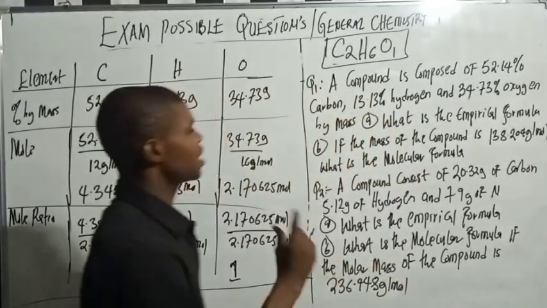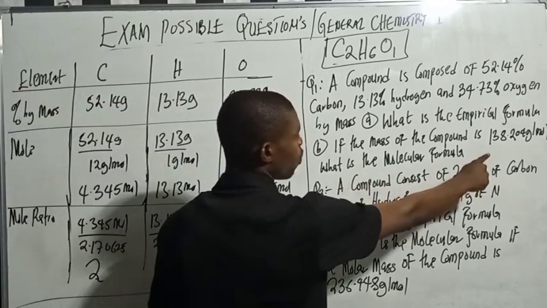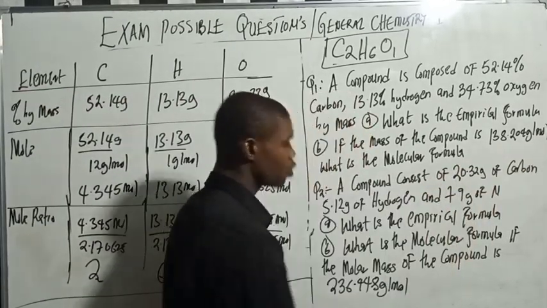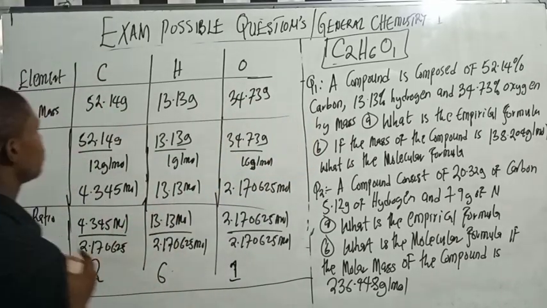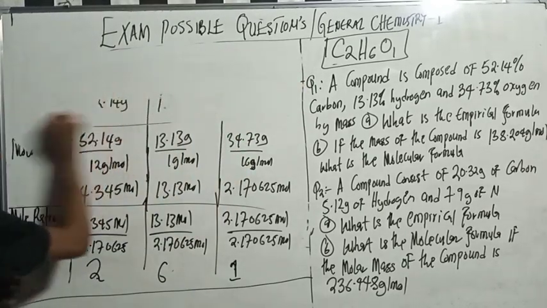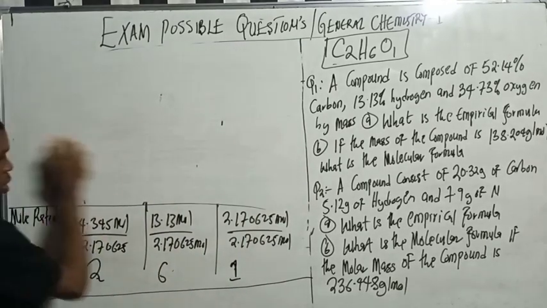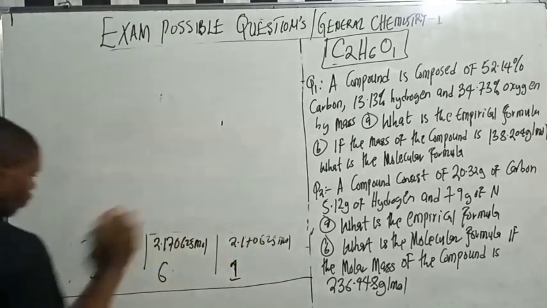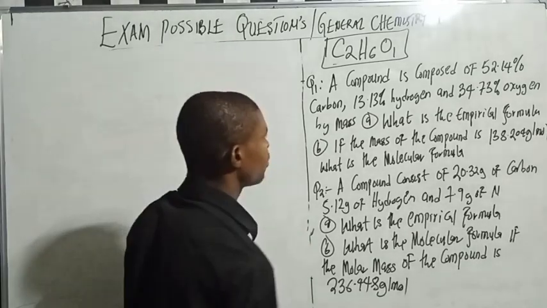Now, the question is not just to calculate the empirical formula. The question says you should calculate the molecular formula when the molar mass of the compound is given. So how do I solve my molecular formula here?